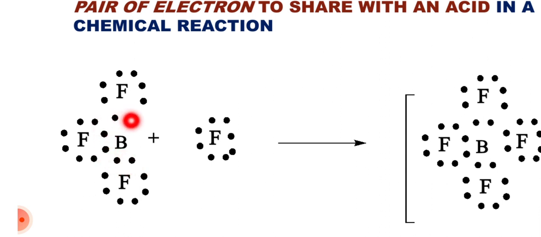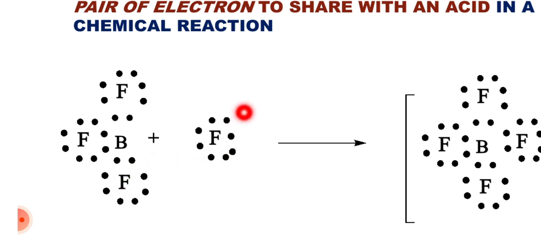So, to complete the octet, it requires a pair of electrons. So, it is in need of a pair of electrons. That means it can accept a pair of electrons. That's why BF3 is considered acidic in nature.